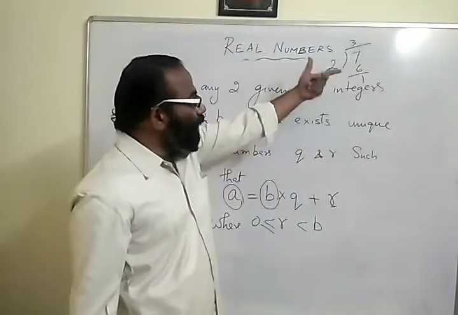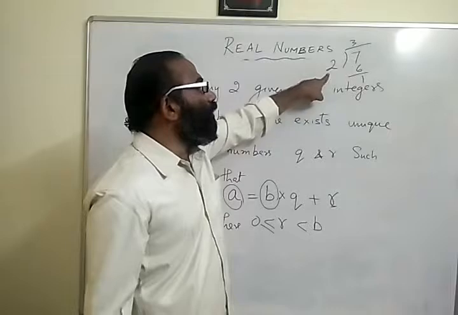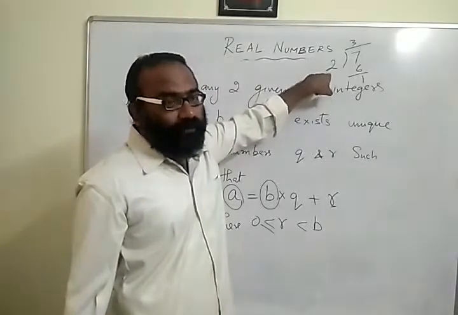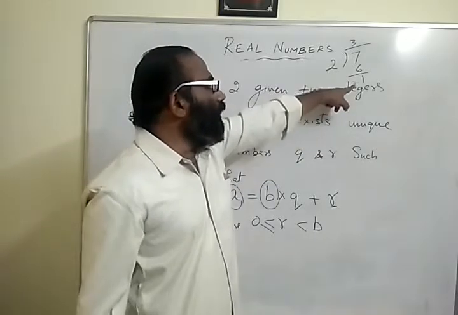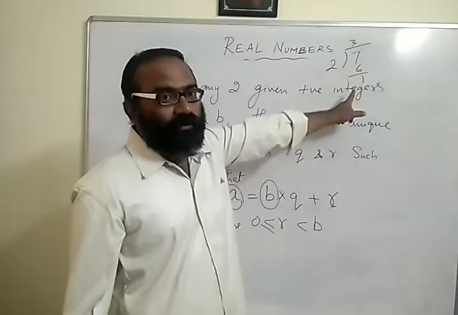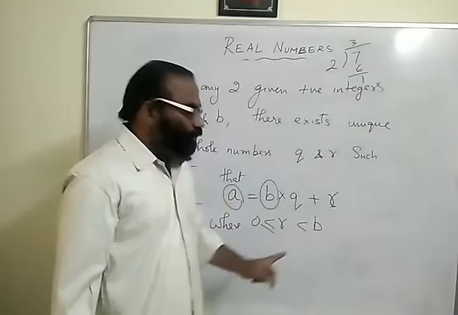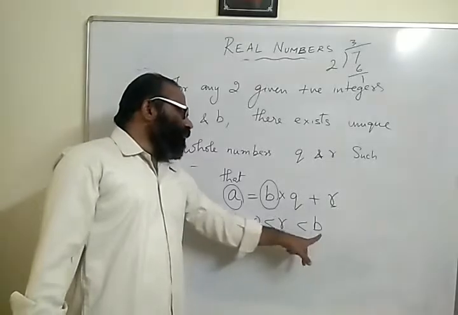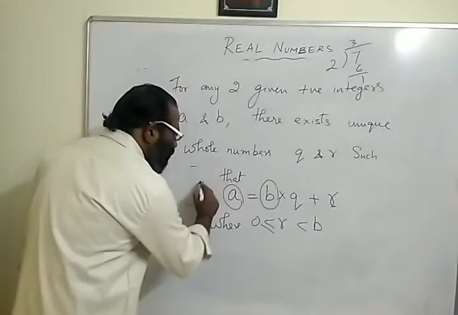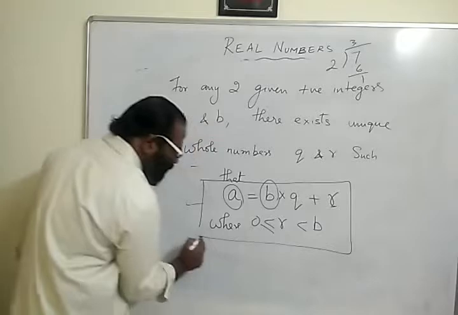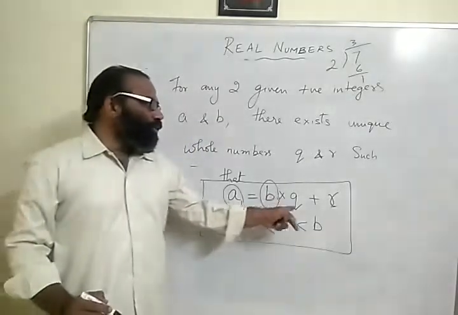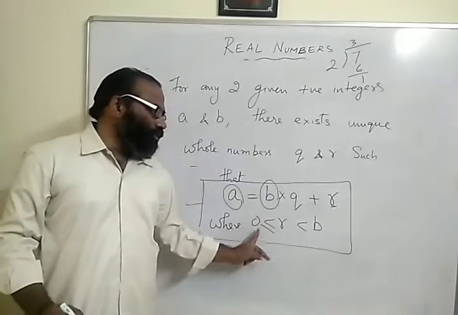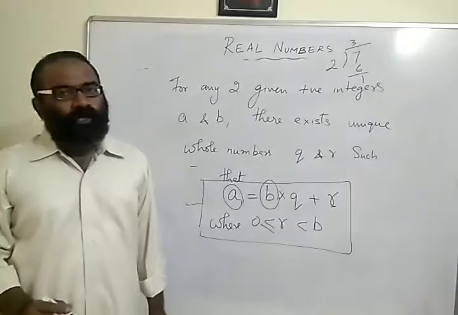Or it can be greater than 0, but it will always be less than the divisor. That is, if the divisor is 2, the remainder cannot be 2, it has to be 1. Similarly, here, if it is being divided by B, the R has to be less than B. So this is what you need to remember. A is equal to BQ plus R, where R is greater than or equal to 0, less than B.